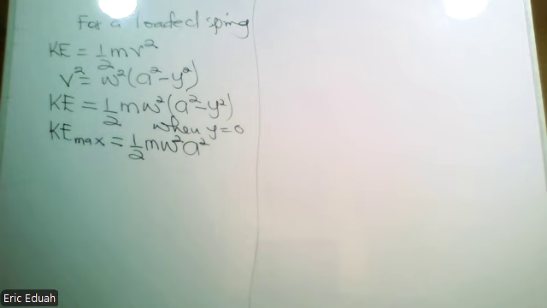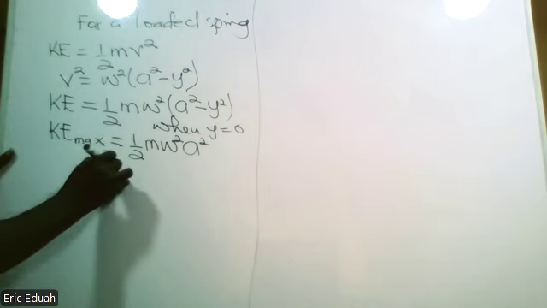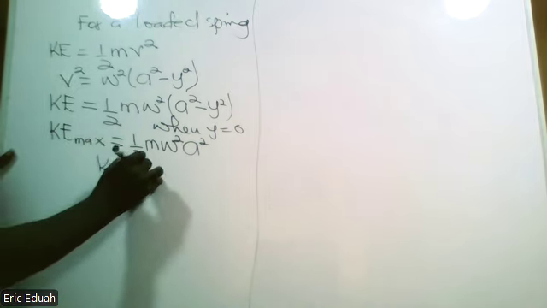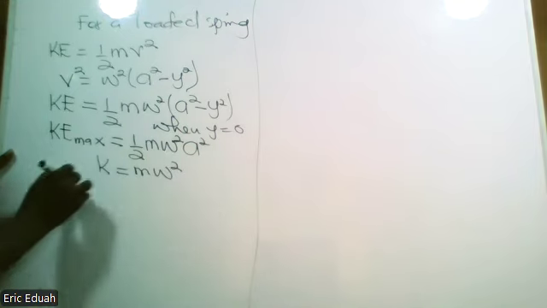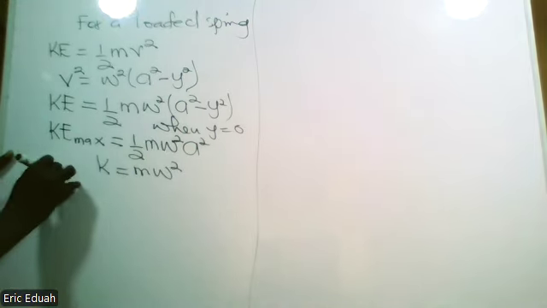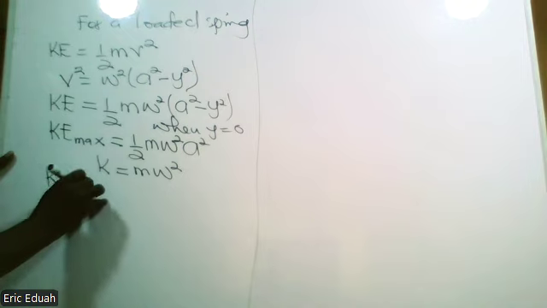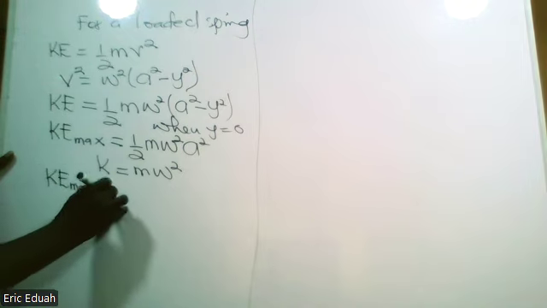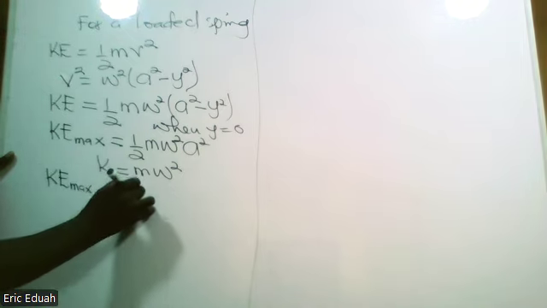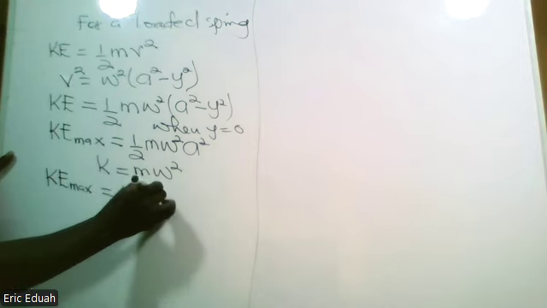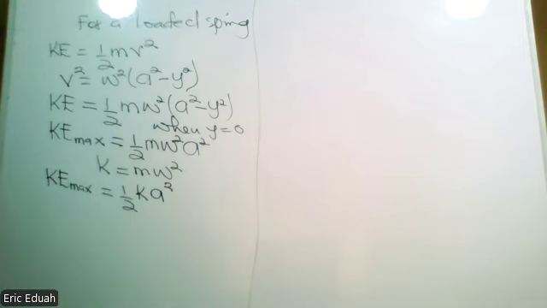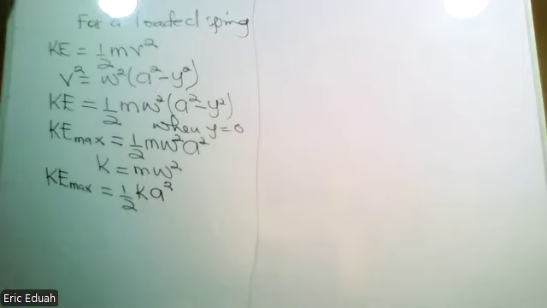For springs, because the spring constant k is equal to m omega squared, we can also say that KE max is equal to half k a squared. That is the expression of maximum kinetic energy.